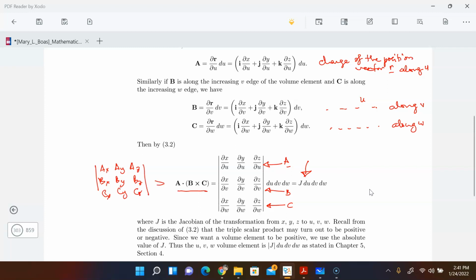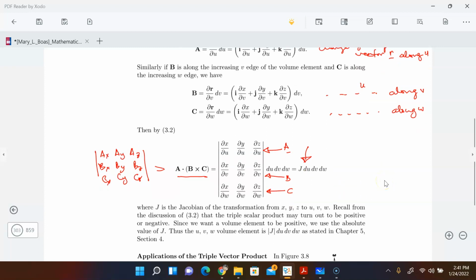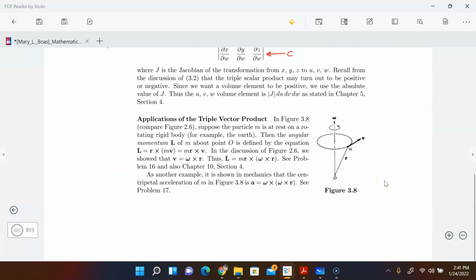That equals that. Okay, let's do this one. This is just the case of the application of the triple vector product.